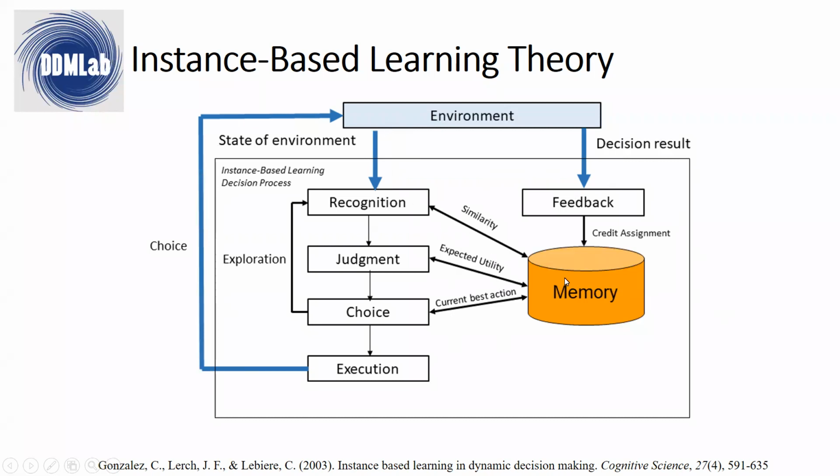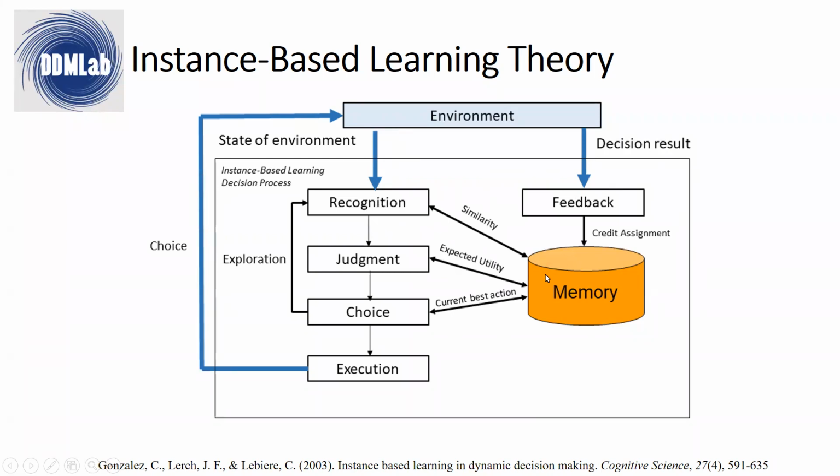The idea is that a changing environment is moving independently from a human who is trying to make decisions in that environment. And the first step is to recognize a situation or an opportunity to make a choice. And this recognition happens through similarity, meaning by looking in our memories, what are the decisions that we have made in the past and how similar those decisions are to the current state of the environment.